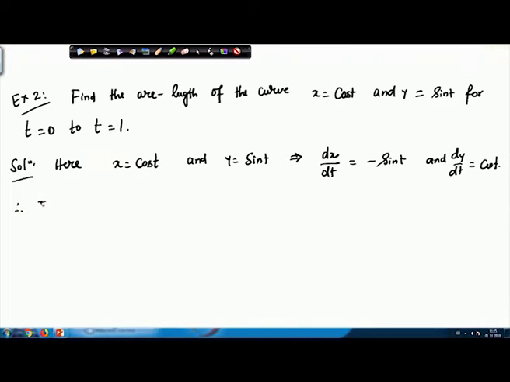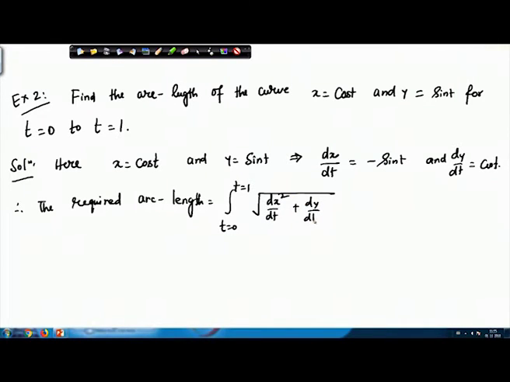So the required arc length is the integral, t running from 0 to 1, of the square root of (dx/dt) whole square plus (dy/dt) whole square, times dt.